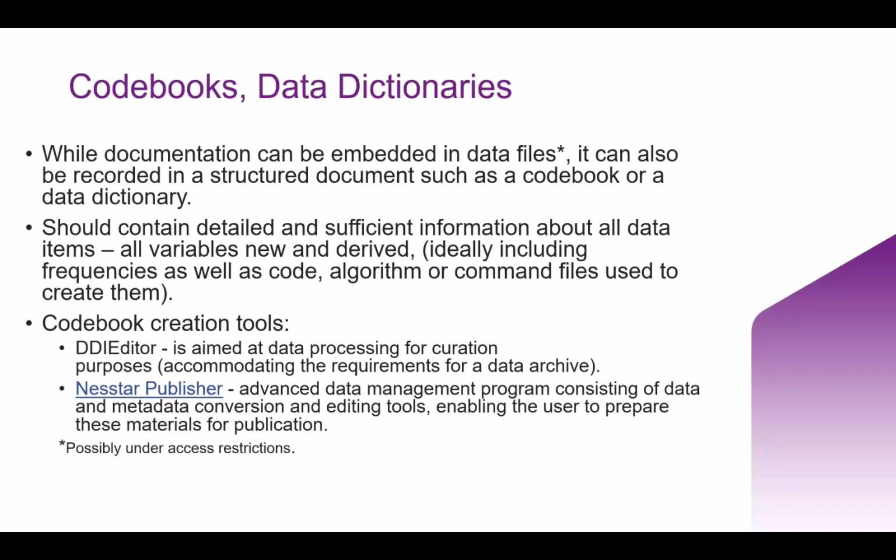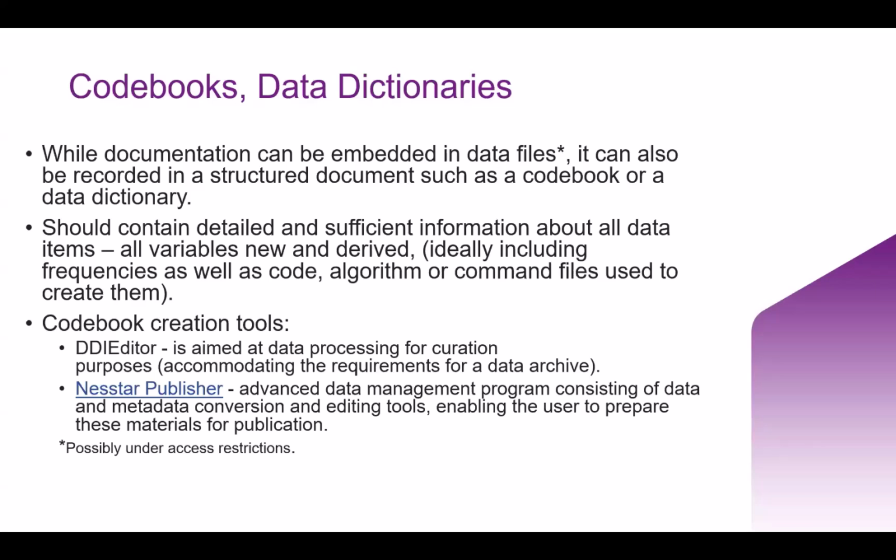As an alternative to embedded metadata, you can also have information in a structured document altogether, like code books and data dictionaries. This should contain detailed and sufficient information about all the data items. So that includes variables that are both new and derived.